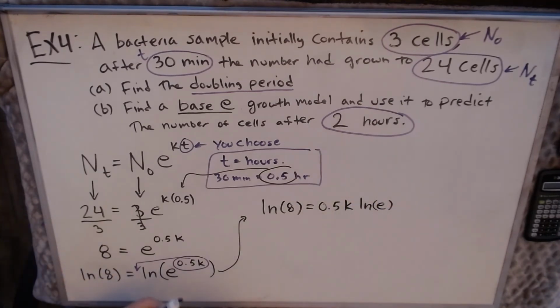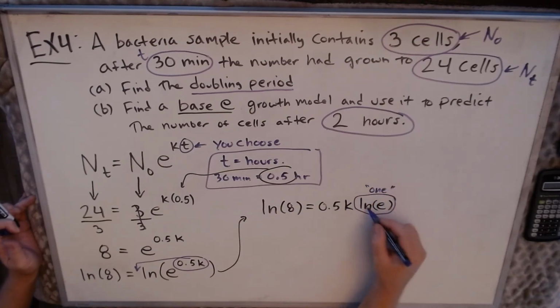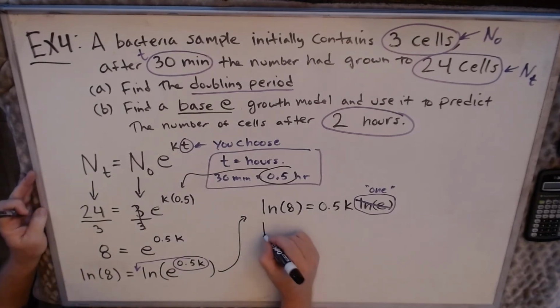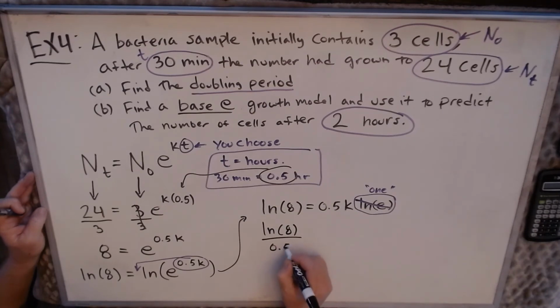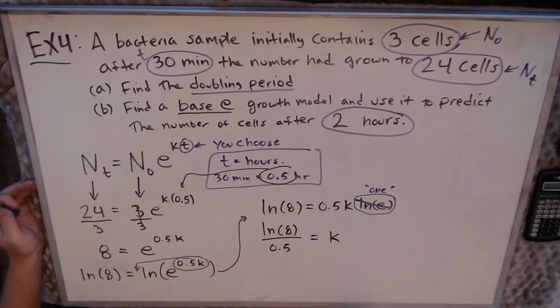You know that ln of e is 1, so you can just cross it off, or you could write 1 if you like. And then you're going to have ln of 8 divided by 0.5, and that's going to give us our k. Just dividing both sides by 0.5.